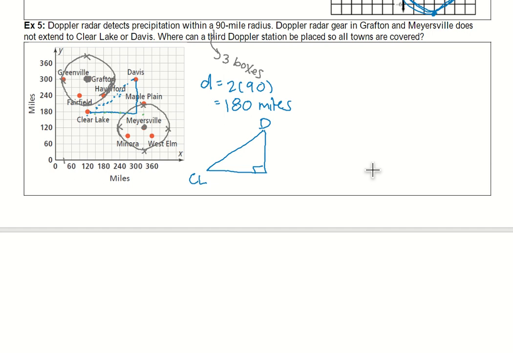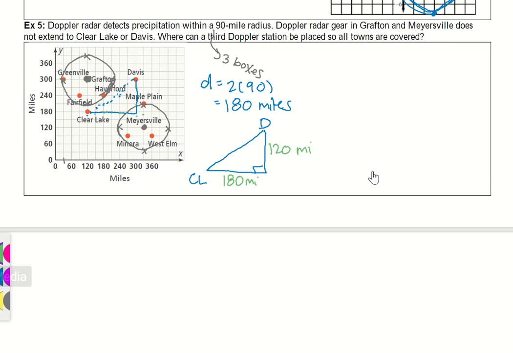So that means that it is 6 times 30, so 180 miles. And then this is 1, 2, 3, 4 boxes, so it's 120 miles.